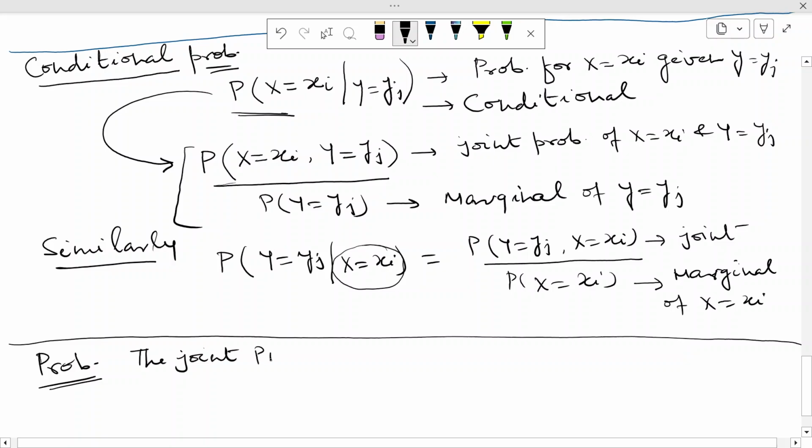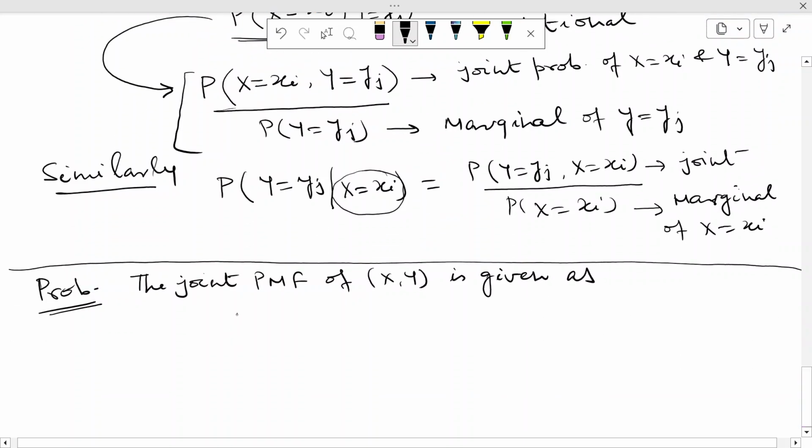So we are given the joint PMF of xy as probability of the pair is k times 2x plus 3y, and we are having this value of x and y.